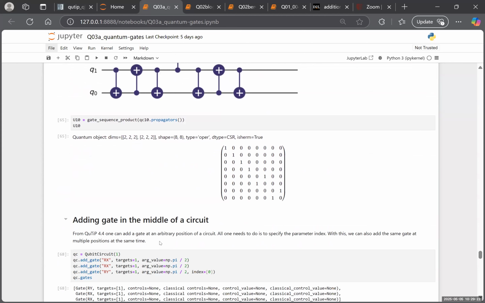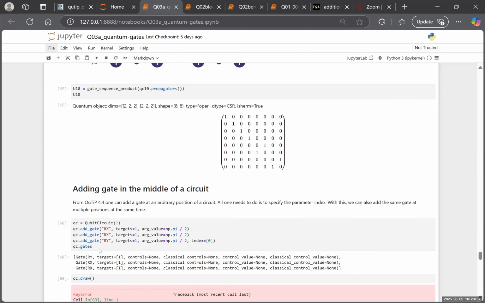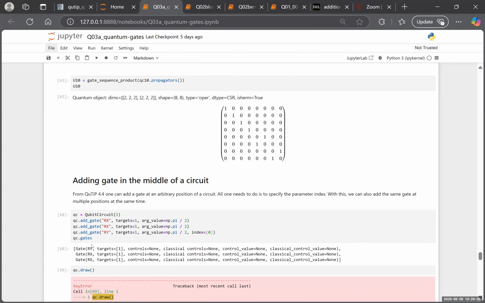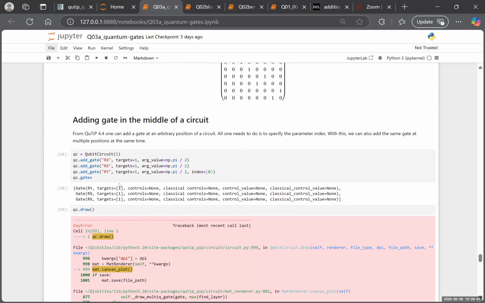I don't know what's going on here. Yes, wait, let me see the gate. Is that because of the index?